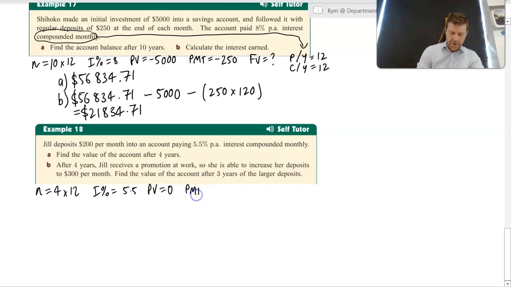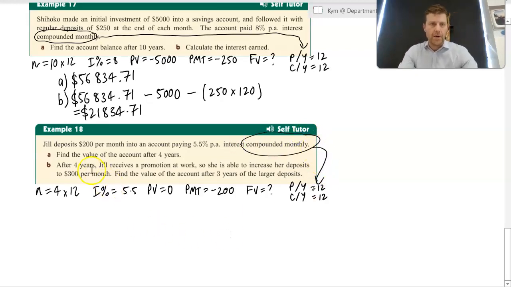The regular payments will be $200 per month, so again, keep it as a negative value. The future value is what we're asking it to determine for us. And PY and CY will both be 12 again, because it is being compounded monthly.